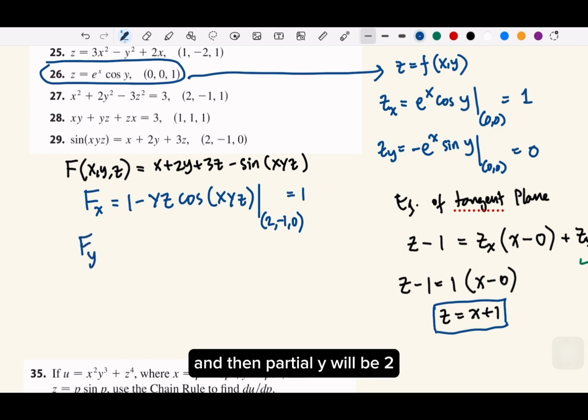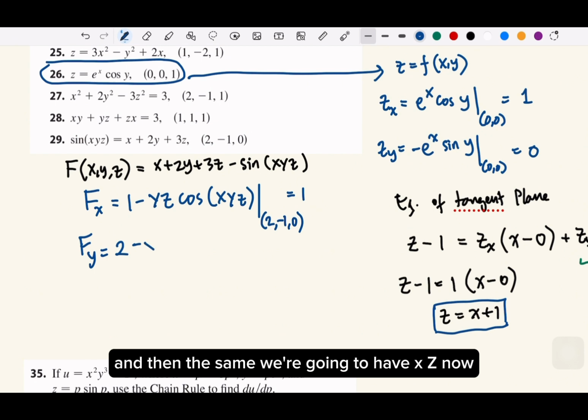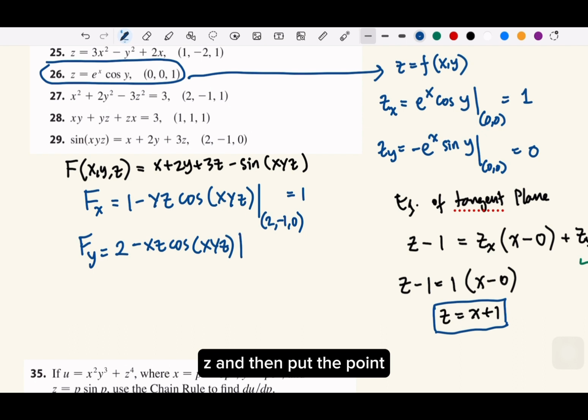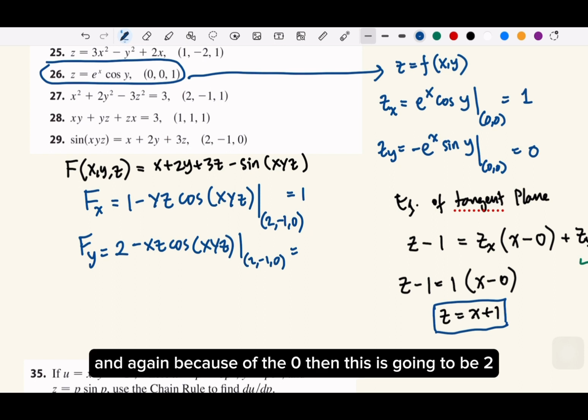And then partial y will be 2. The same, we are going to have xz times cosine xyz, and then put the point. Again, because of the 0, this is going to be 2.